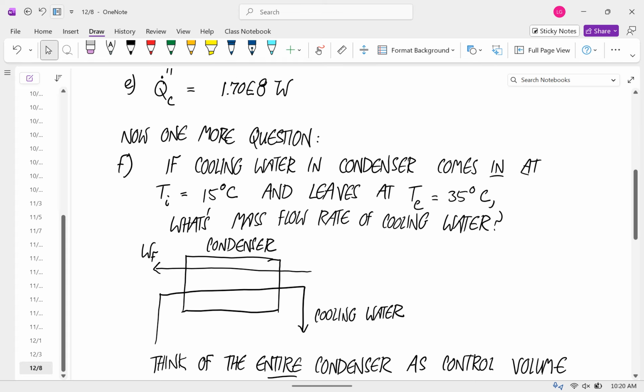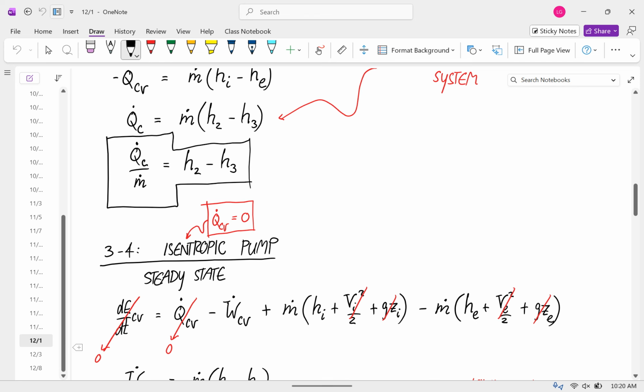So for the condenser, m dot times h_2 minus h_3 is equal to Q_C dot.